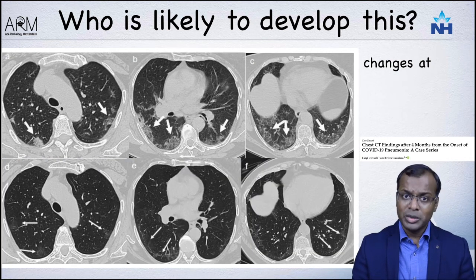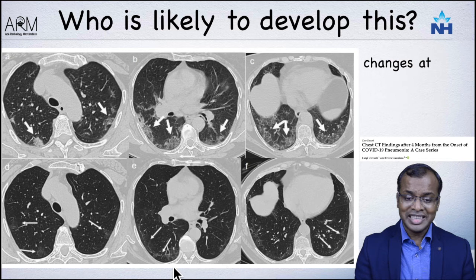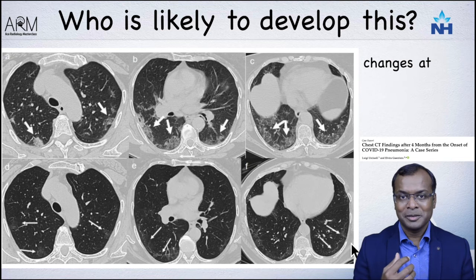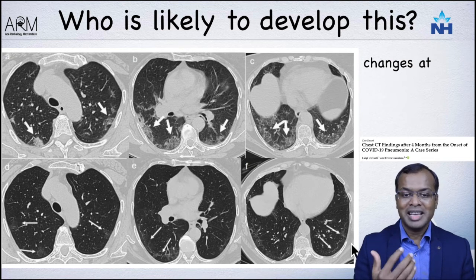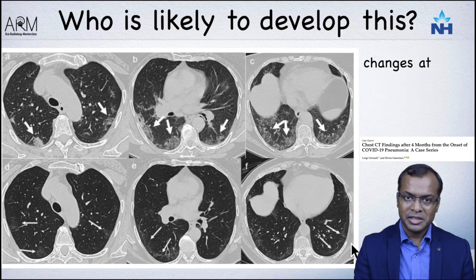So this is the 4-month follow-up, and you can see most of these things have resolved, and you're getting these band-like opacities. You're seeing some dilated bronchi, again subpleural bands, which by definition becomes fibrosis. So 4 months after, a patient with moderate disease is developing some fibrosis.